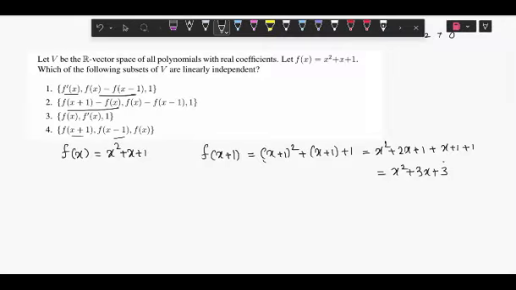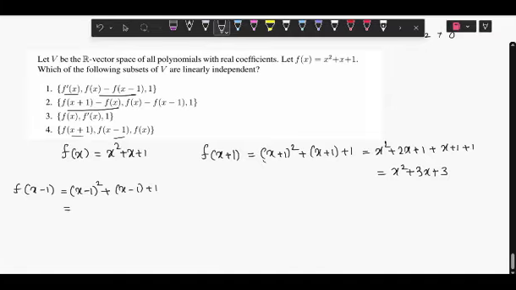Now let's calculate f of x minus 1. f of x minus 1 equals (x minus 1) whole square plus x minus 1 plus 1.